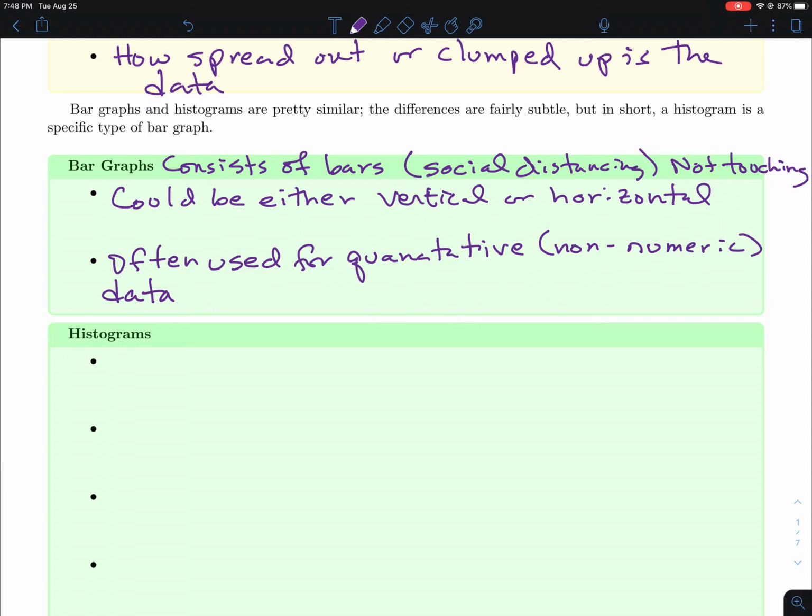Because the categories are naturally separated to begin with. All right, so that's a bar graph.